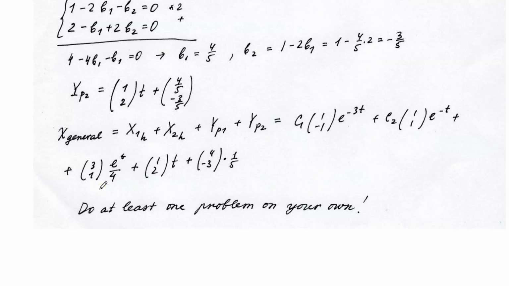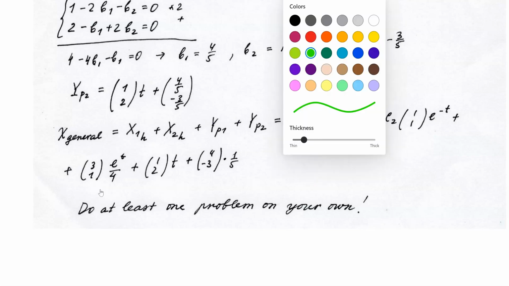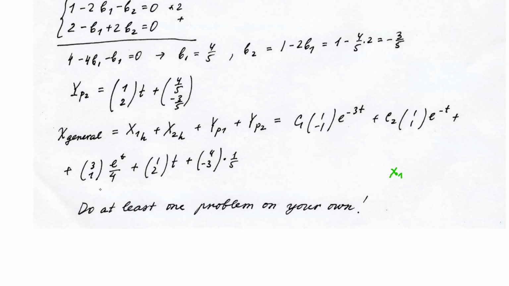If somebody assigns you initial value problem, something like this, let me just make it very simple. For example, if somebody tells you that x1 of 0 equals 1 and x2 of 0 equals 2, initial value problem. How is it going to affect your solution?